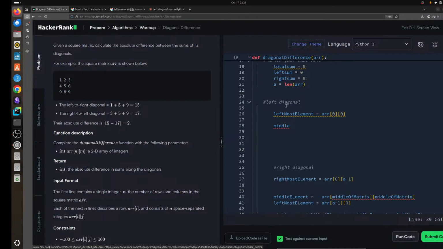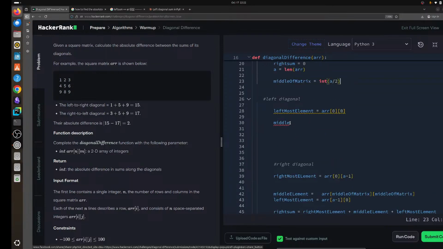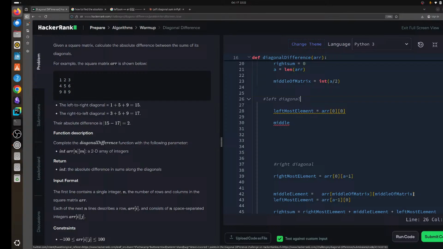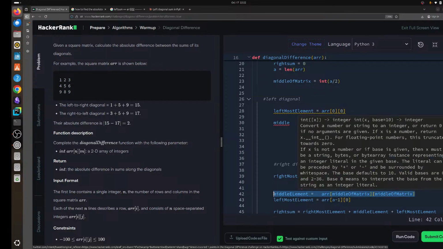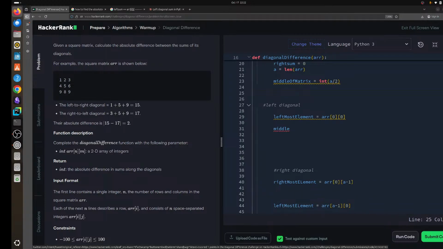Control X and skip it here. Middle, Control X, and then the right most. Left is done.